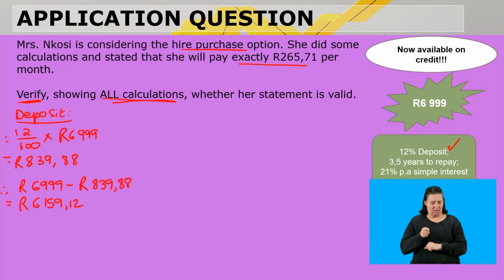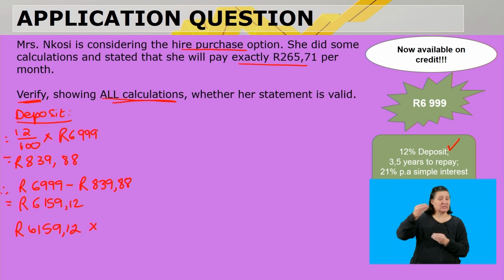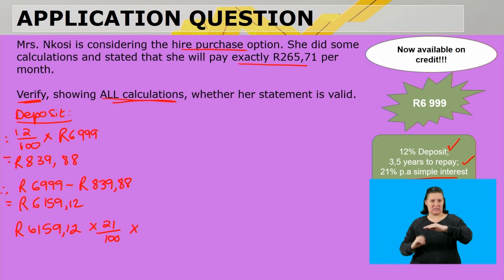So now we need to calculate the interest that will be payable on this loan amount. The loan amount is 6,159 Rand and 12 cents, right? So I'm going to take the 6,159 Rand and 12 cents and multiply it by the interest rate, a simple interest rate of 21% per annum. So I'll say 21 over 100, multiplied by the time frame of 3.5 years.